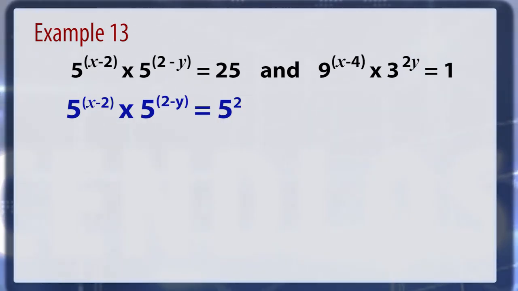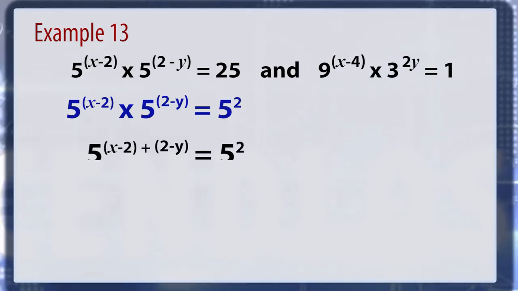Now on the left-hand side, we can use our multiplication law, and that means we will take the common base, which is 5, write it down, and add the powers. It doesn't matter that your powers are expressions in terms of x and y. Just add them. So that gives us 5 raised to the power x minus 2 plus 2 minus y is equal to 5 raised to the power 2.